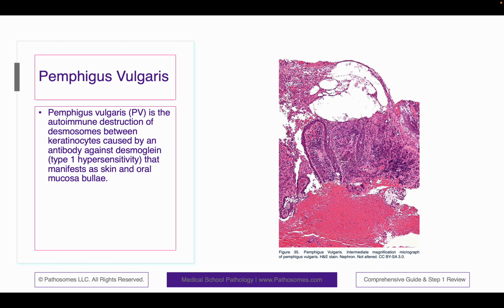Got that? So it's against desmoglein. It's a type 2 hypersensitivity reaction, I should say, that manifests as skin and oral mucosa bullae. To the right here, we can see H&E showcasing Pemphigus vulgaris.